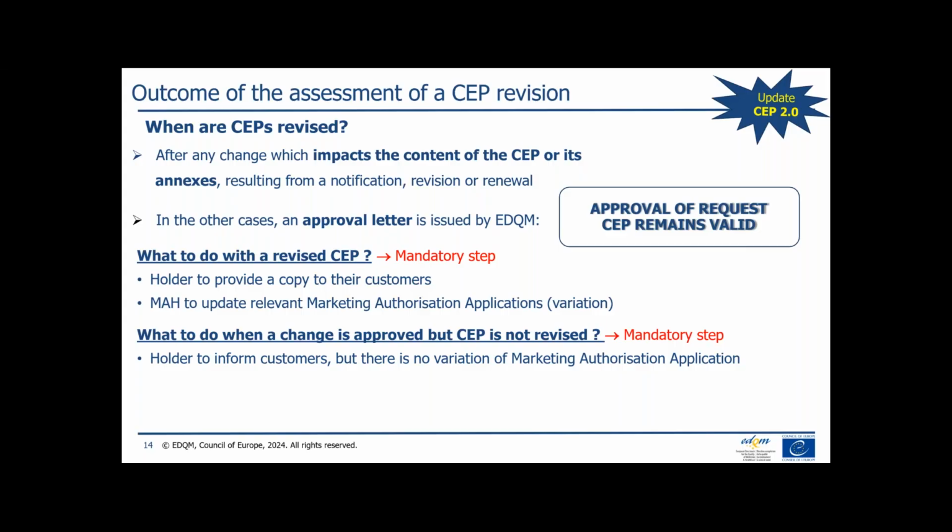And also I must stress one important thing: the company SEP holders should keep contact details up to date, names of the contact persons and email addresses, because all communication with EDQM is now electronic. Also SEPs and approval letters are only electronic now. They are not sent by post anymore.